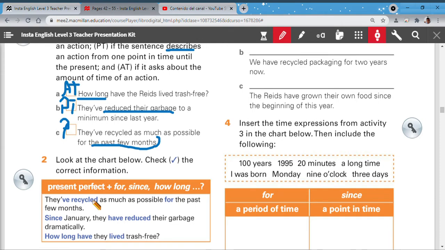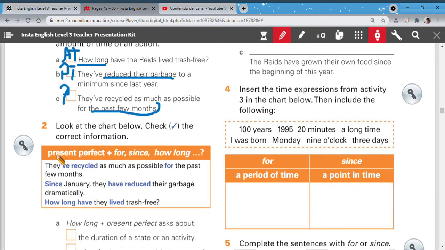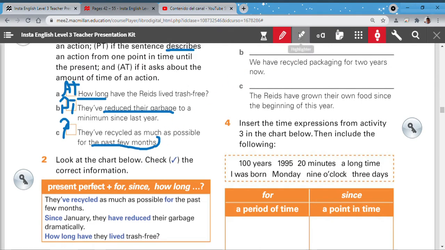Now, number 2. Look at the chart below. Check the correct information. But here it says, before, present perfect plus for, since, and how long. Here is how long.